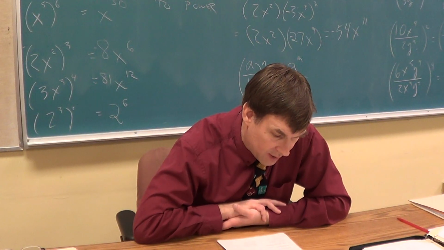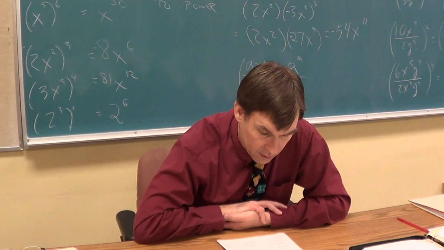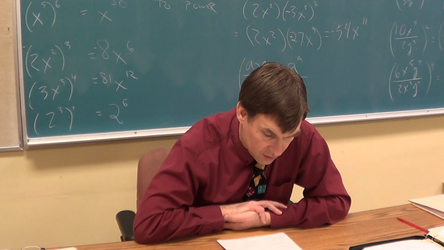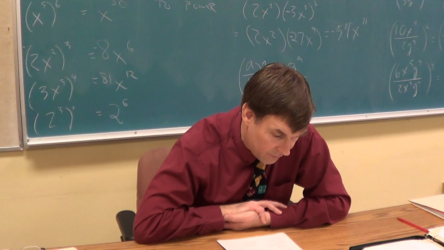Single replacement is an element in a compound react, and the element replaces a different element that was in the compound. Double replacement is 2 compounds and the cations exchange, or you could explain that other ways.